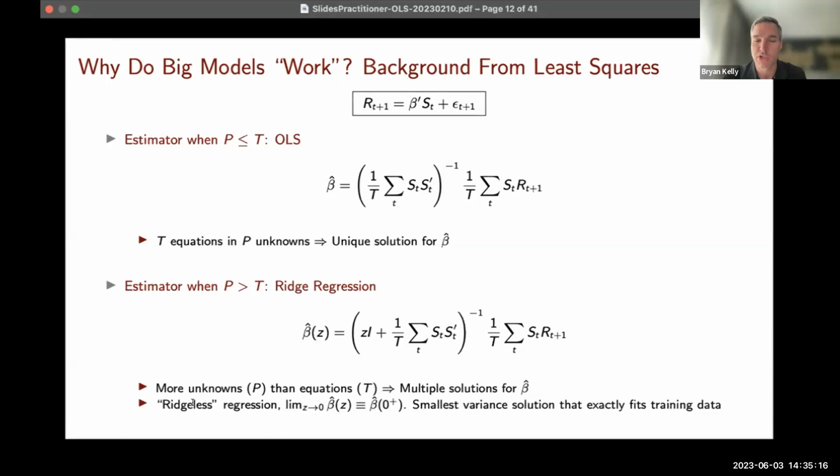That has a name in statistics. It's called ridgeless regression. And ridgeless regression is kind of fascinating because it has this great interpretation. It is the solution to the system of equations when P is greater than T that exactly fits the training data, but it's unique in that among all of the solutions that fit the training data, it's the one with the smallest variance, the smallest L2 norm.